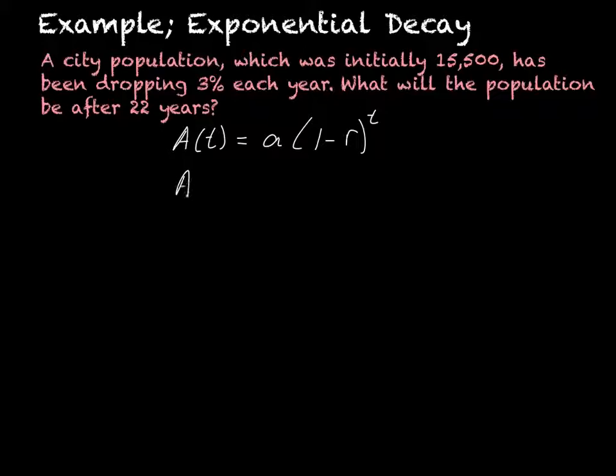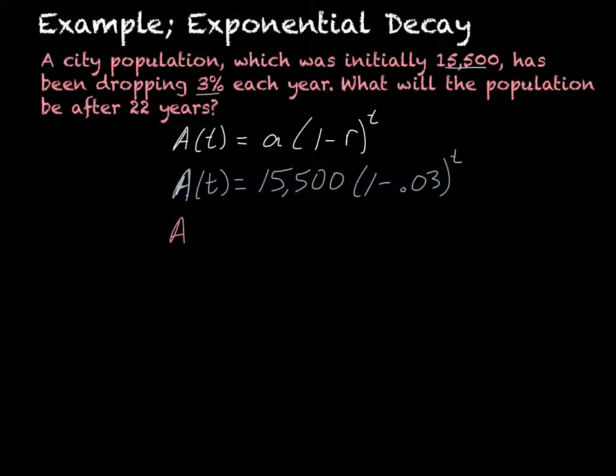A(t) equals my initial, we started with a population of 15,500, times 1 minus my rate, which is 3%, 0.03, to the t power. All right, and then I put in, simplify, 22, because I'm going 22 years later.